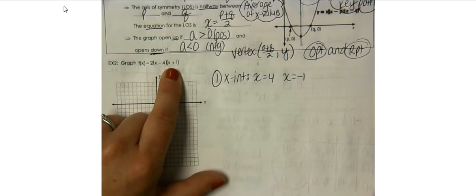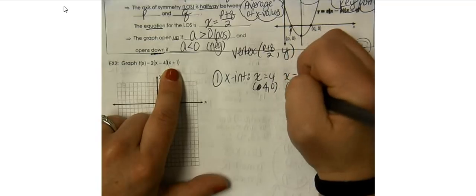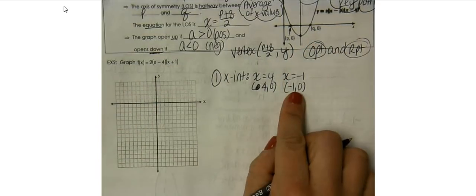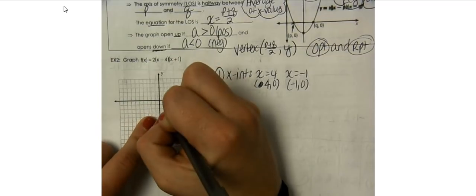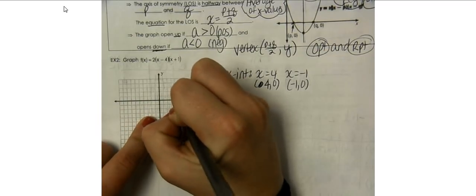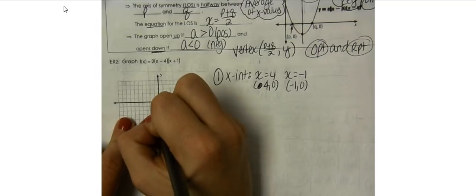These will produce the ordered pairs 4, 0 and negative 1, 0. So these 2 points are the first 2 points that we plot. I'm going to go to where 4, 0 is, and where negative 1, 0 is, and plot my x-intercepts.